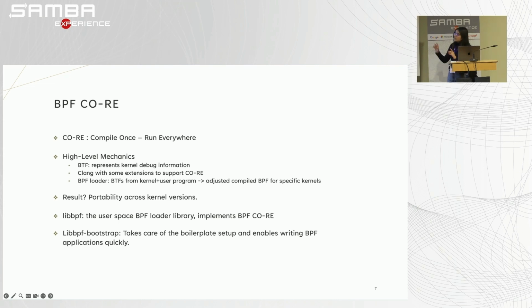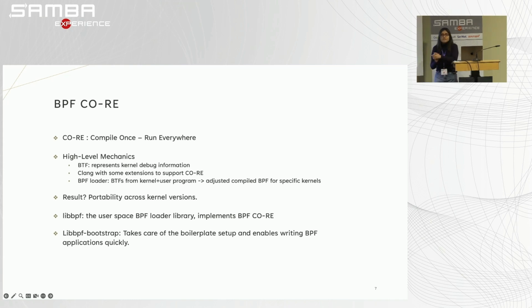Some high-level mechanics about how this works: the kernel can generate something called BTF, or BPF type information, which is very minimal information about what data structures are present in the kernel. And then Clang, with some extensions, can compile your pseudo C eBPF code to have something called relocation information.